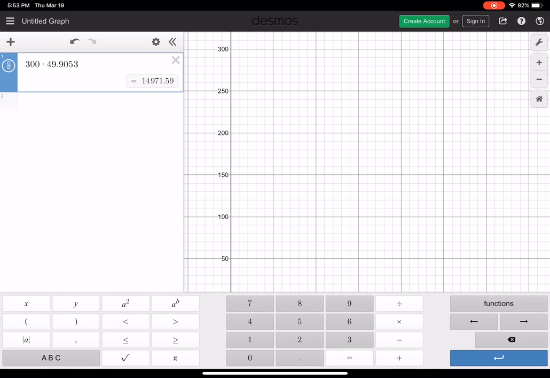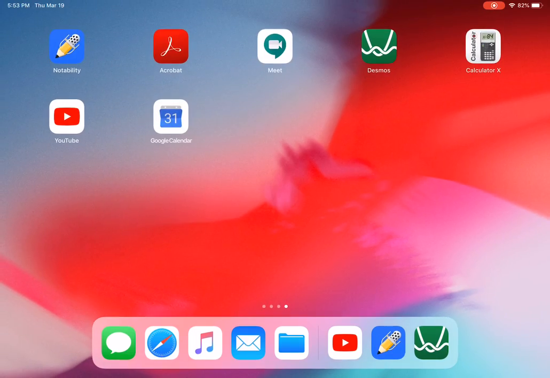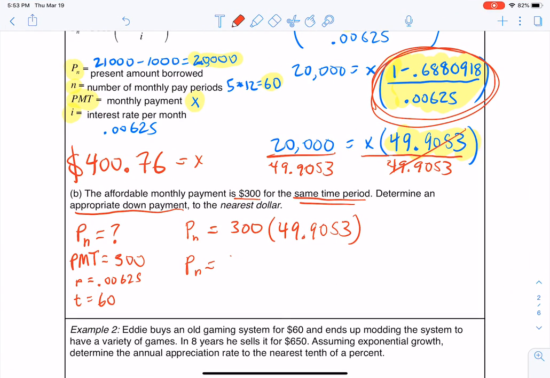We could round that to 14,972. So that's the amount we borrowed.